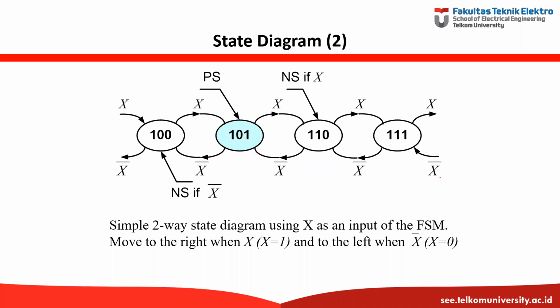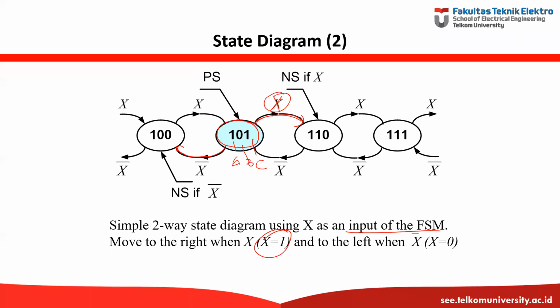Now, how about this one? Right now, we are here. This is the present state, 0, 1, 0. This is A, this is B, and this is C. Clock. Where should I go? I could go either to here or to here. Depends on the value of X. X is an input of the FSM. If X is 1, then it will move to here.